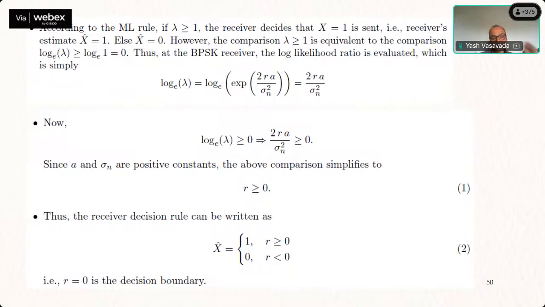Or, in case R is exactly 0, you toss a coin and the coin doesn't land on a face, but lands on the edge. You can randomly say X hat is 1 or X hat is 0, because both are equally likely at that point.